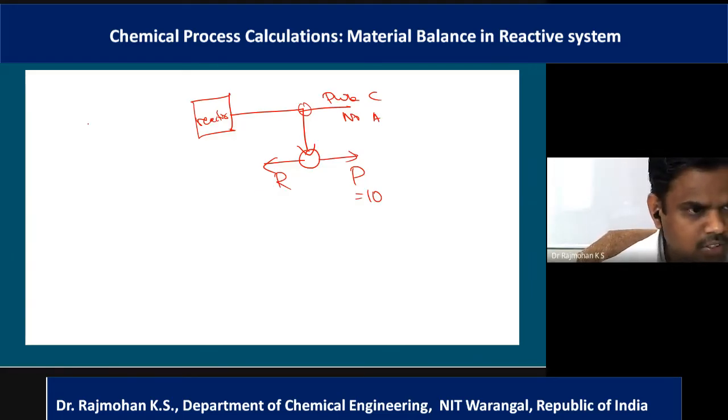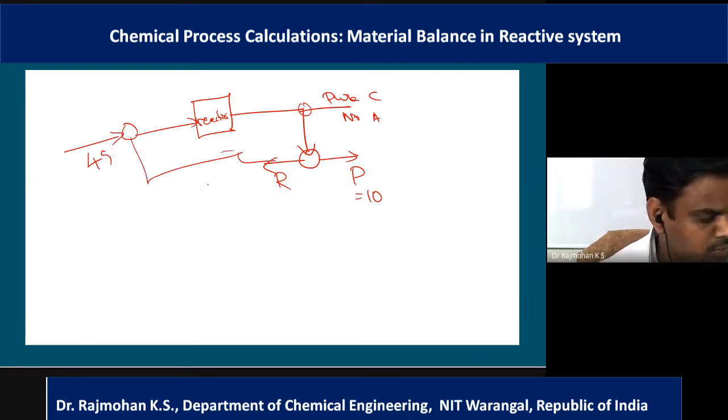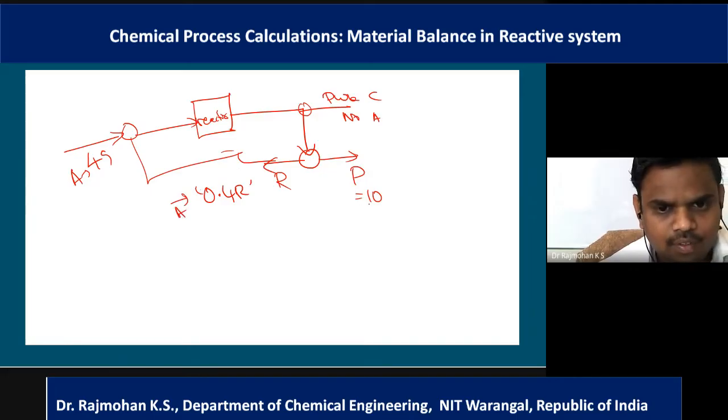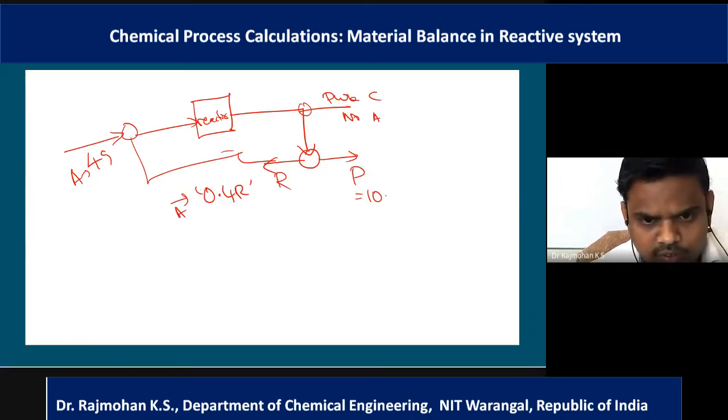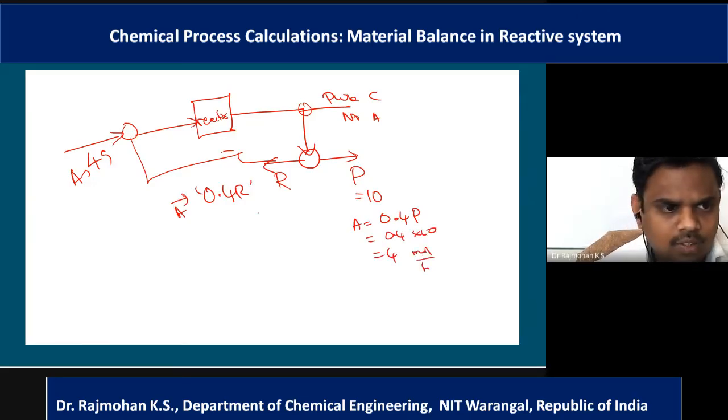In the feed it is 49. In the recycle, 0.4 times R is the amount of A. In the purge, A is 0.4 P, which is 0.4 into 10, which is 4 moles per hour.